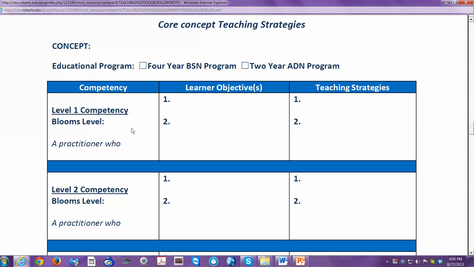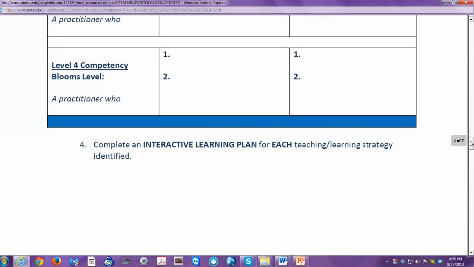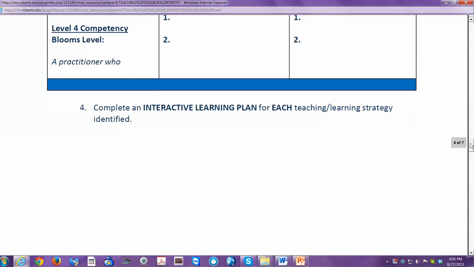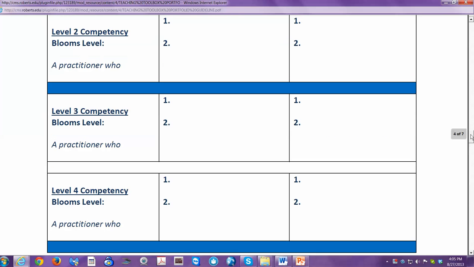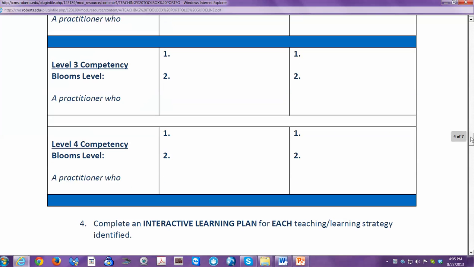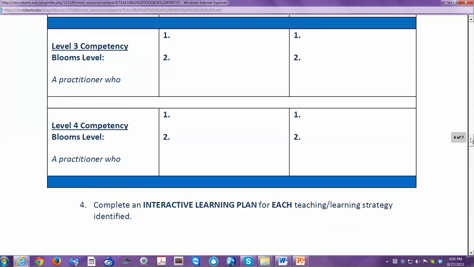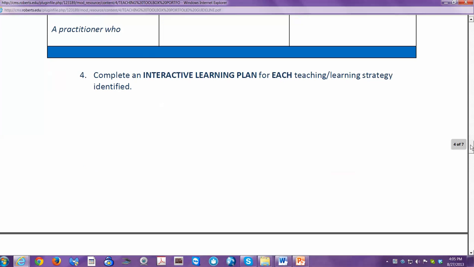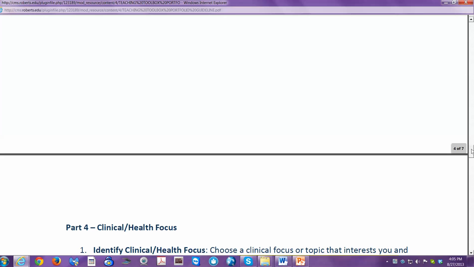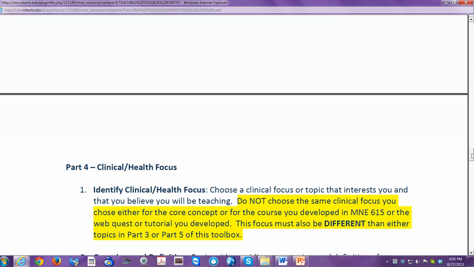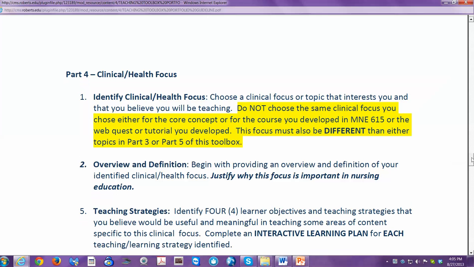So the learner objective would be a practitioner who, and then identify that, and then what the teaching strategies are. Then you would have an interactive learning plan for each teaching learning strategy that you identified, which clearly would be 8 different teaching strategies for the 8 objectives. Hope that makes sense to you, and do take a look at the example that I provided.